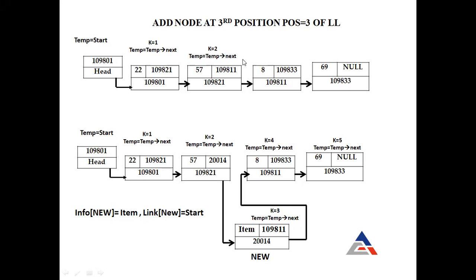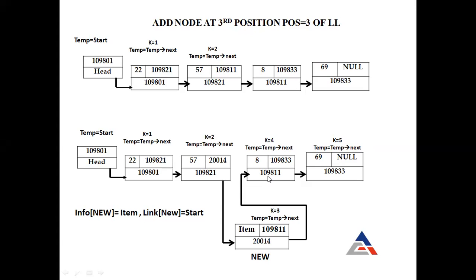So it means when k becomes 3, I stop there and I insert the new element over here. I change the value of the previous node address and change the value of the current node address. So the previous node address will become the address of the new node, and the next node that is attached to the new node will be this one.